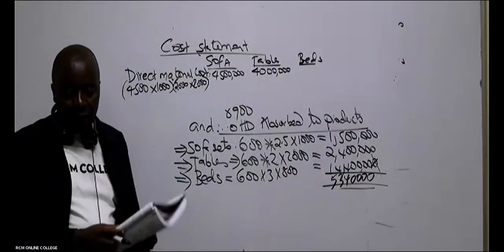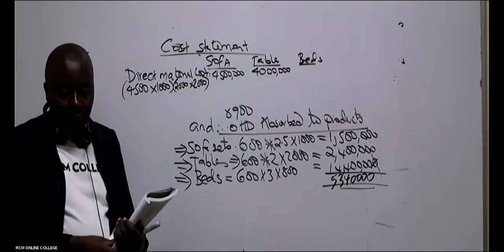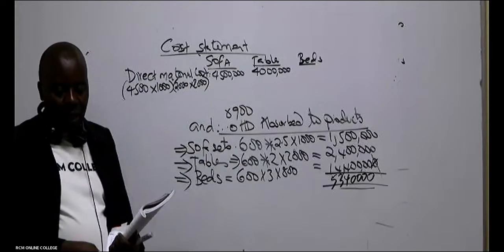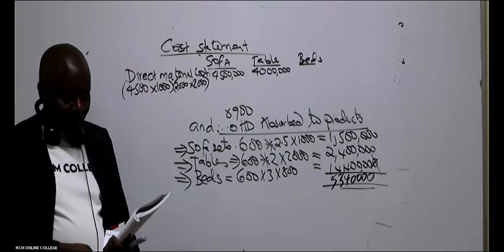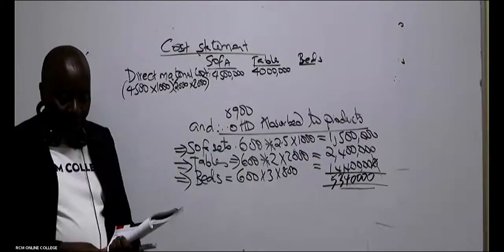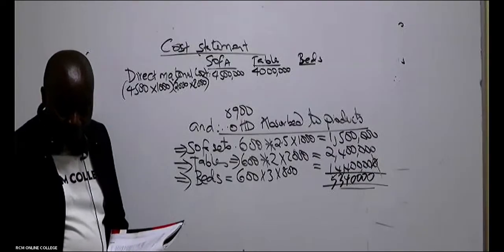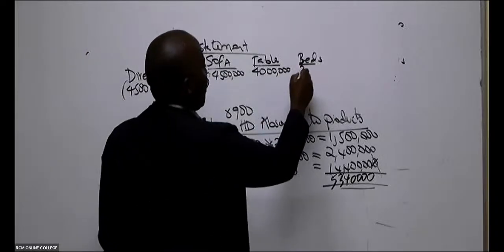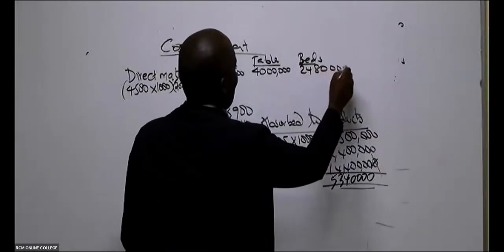The online guys, I cannot hear you today very well. For beds, it will be 3,100 times 800, which gives us 2,480,000. Thank you so much.